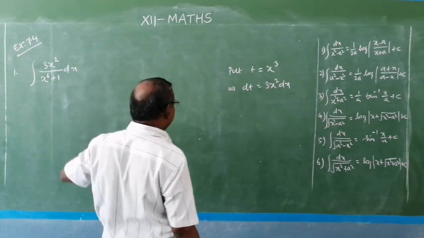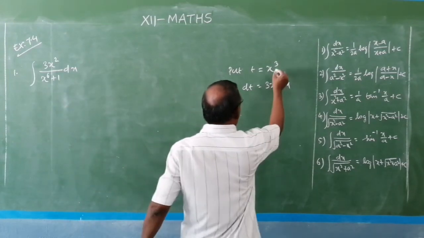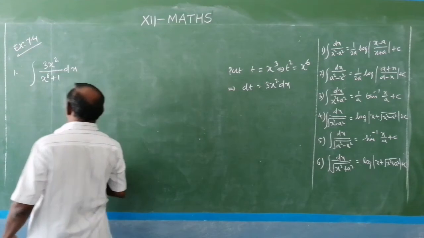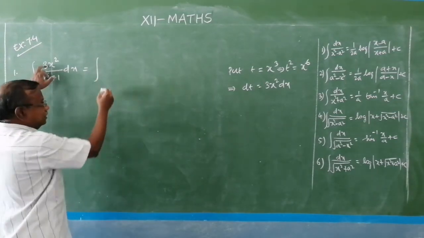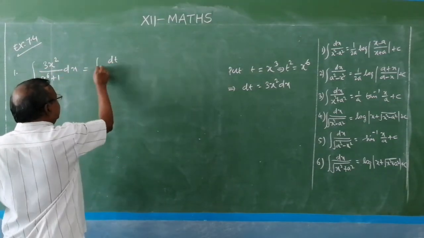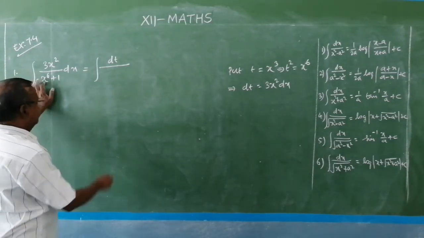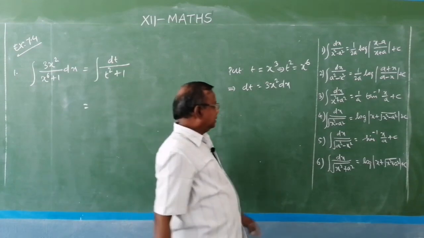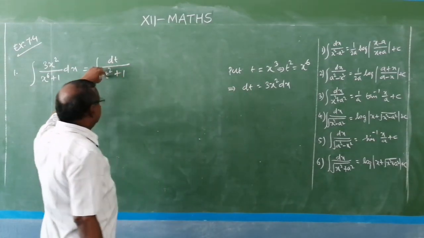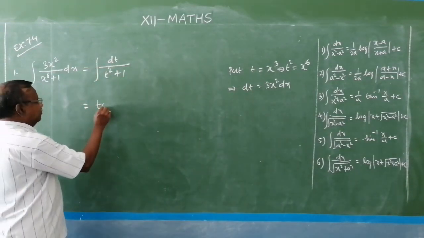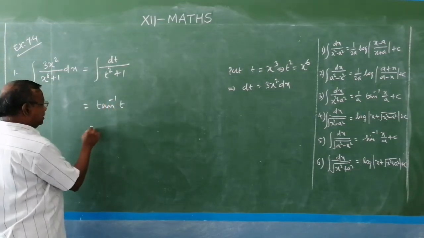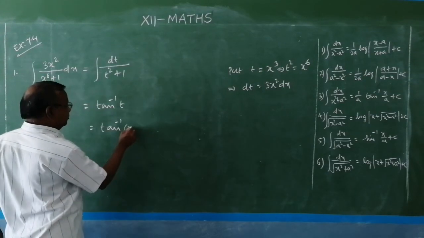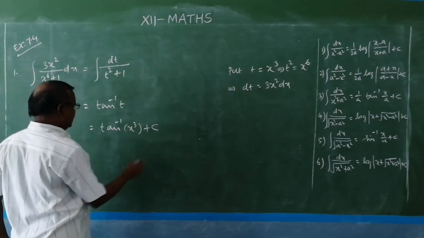We have the numerator 3x square dx, and if t equals x cube then t square equals x power 6. Substituting all those values here, this is integral dt divided by t square plus 1, which by the formula 1 by 1 plus t square is tan inverse of t, that is tan inverse of x cube plus c.